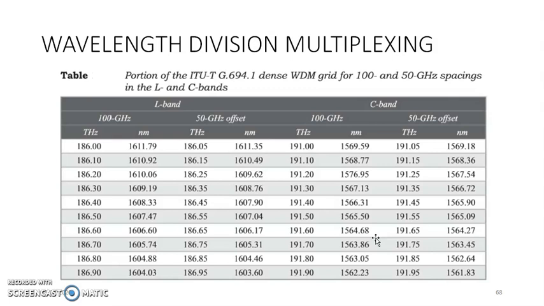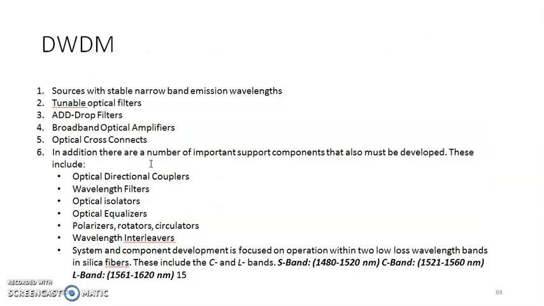So the graph indicates that wavelength division multiplexing operates in different bands, that is the L band and C band, and these are the frequency ranges and the range of wavelengths is given. Dense wavelength division multiplexing has various sources with a stable narrowband emission wavelength.